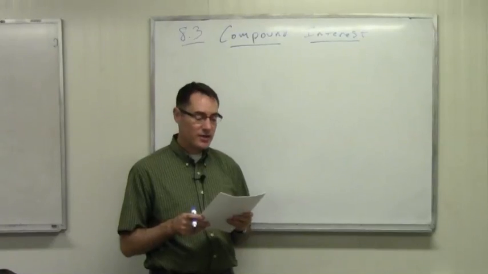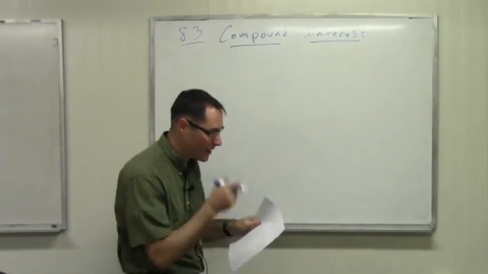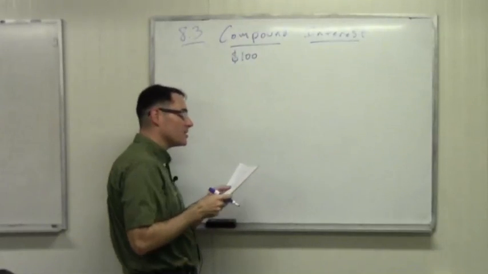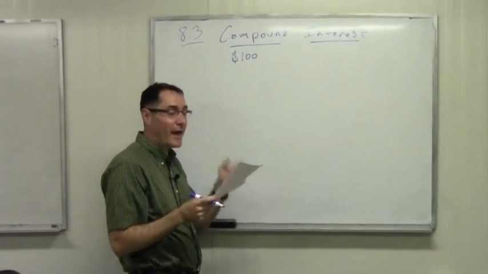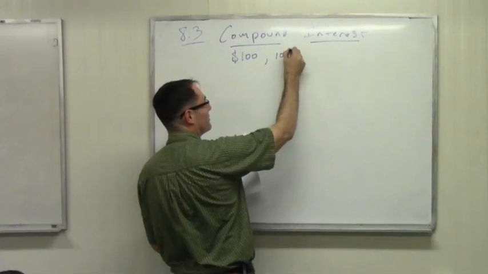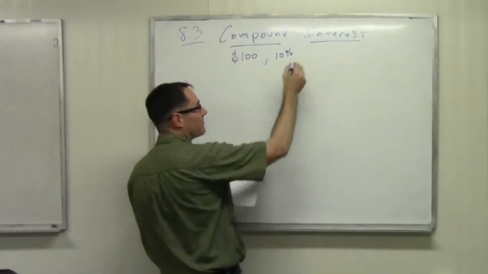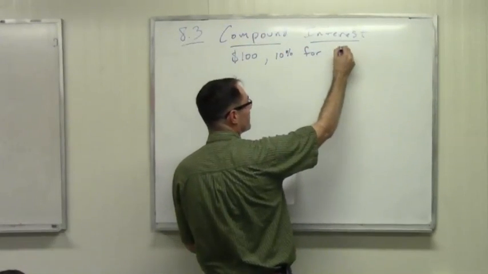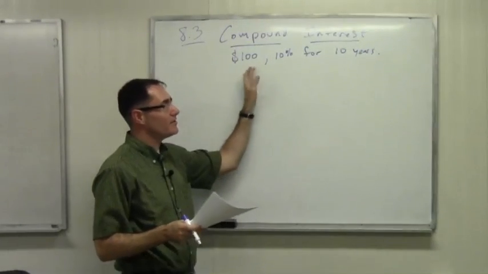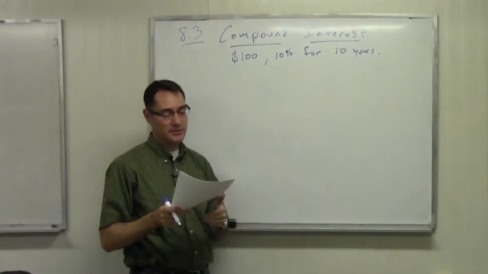In compound interest, here's how it goes. Let's say that you invest $100 and somehow you get 10% interest per year. In some bank for 10 years. You invest $100, 10% interest for 10 years.